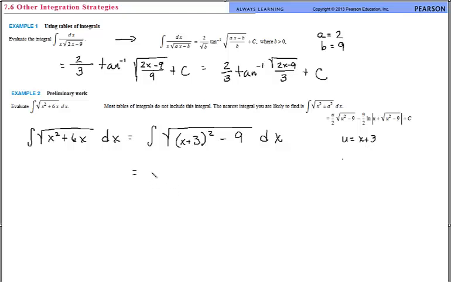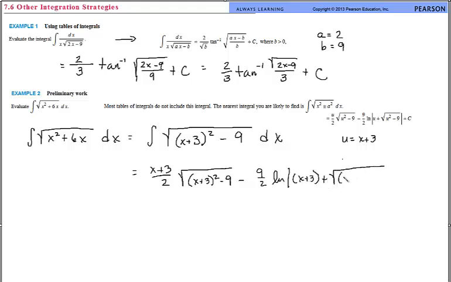So I'm going to have (x plus 3) over 2 times the square root of (x plus 3) quantity squared minus 9, minus 9 halves natural log of (x plus 3 plus the square root of (x plus 3) quantity squared minus 9), plus C. And isn't that lovely? It is just lovely. Does it simplify? Not really. Okay, on to the next one.